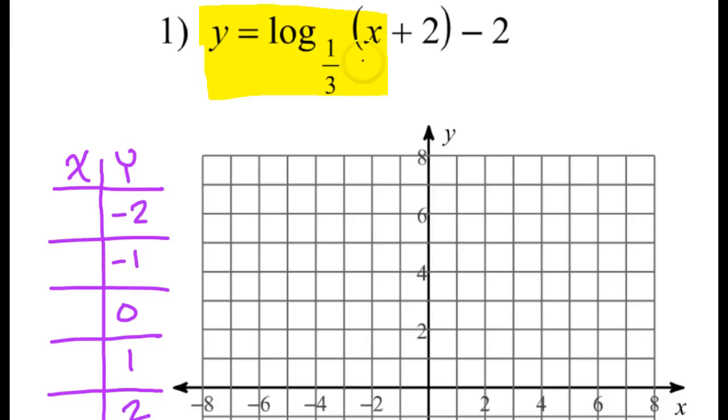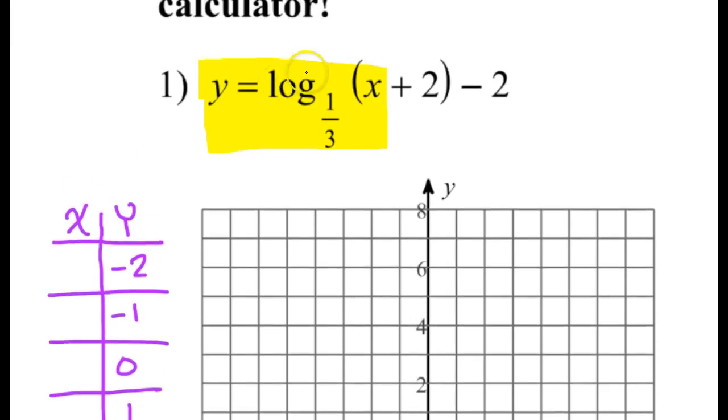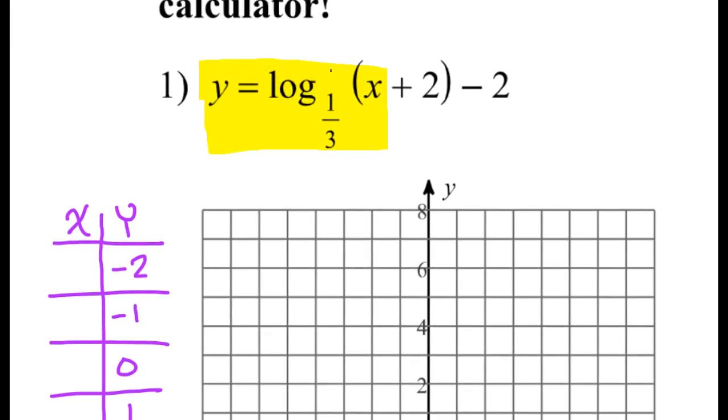Okay, so the next thing you need to understand is, looking at the parent function, in order to get the x values, we need to rewrite this in exponent form. The way you do that is you start with the base, which is 1/3, and then the x and the y are going to switch places.